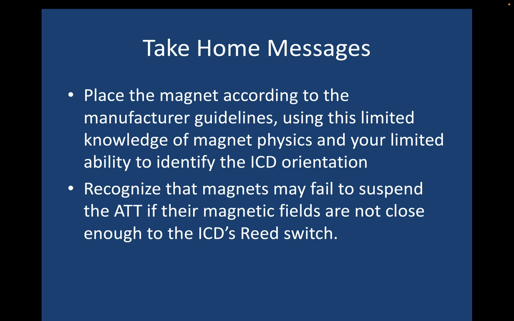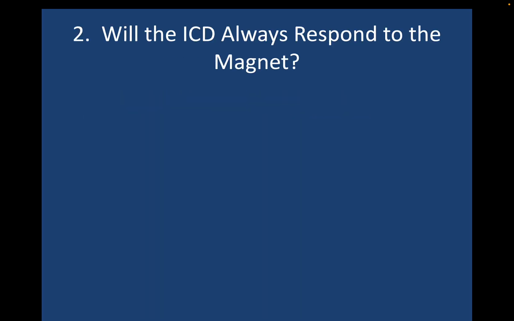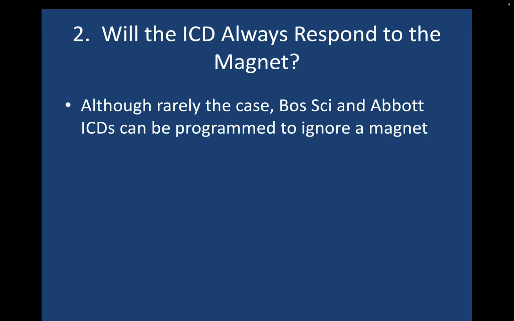Now, the really important thing is recognize that magnets may fail to suspend the anti-tachytherapy if their magnetic fields are not close enough to the ICD's reed switch or the Hall sensor. Now, if we assume that the magnet has been positioned appropriately, can we assume that the ICD is always going to respond to the magnet? Well, although rarely the case, Boston Scientific and Abbott ICDs can actually be programmed to ignore a magnet.